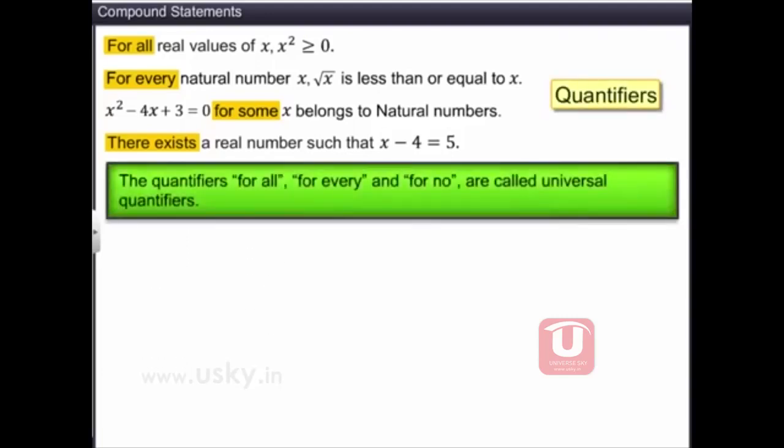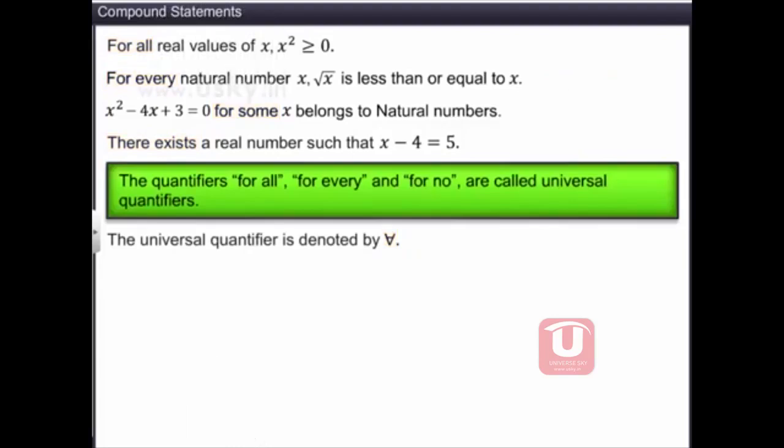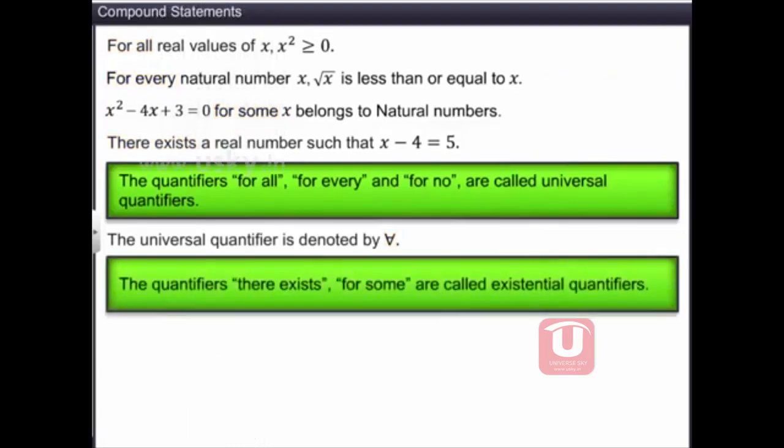Quantifiers such as "for all", "for every", and "for no" are called universal quantifiers because they make an assertion about every member of the universal set under consideration. The universal quantifier is denoted by the symbol shown. The quantifiers "there exists" and "for some" are called existential quantifiers. The existential quantifier is denoted by the symbol shown.